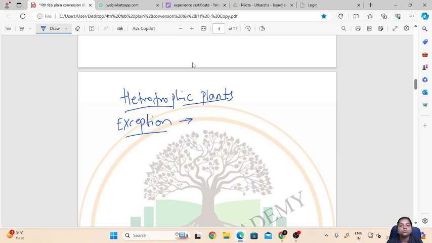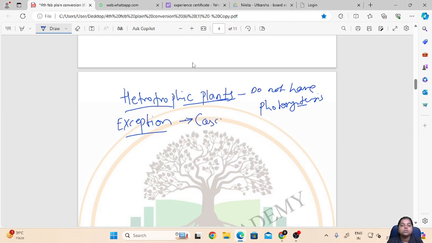Like how we human beings and animals take food from others, likewise these plants also do not have photosynthesis. So what they do, they take nutrients from others. That's why they are called heterotrophic plants.